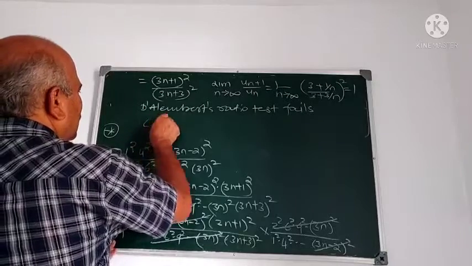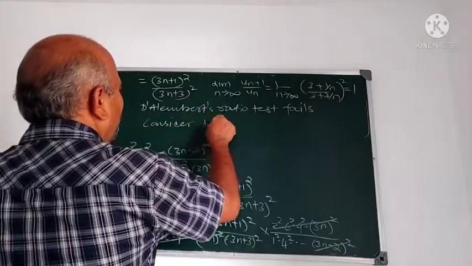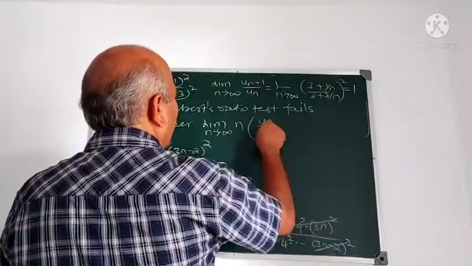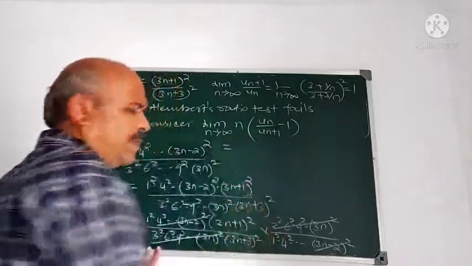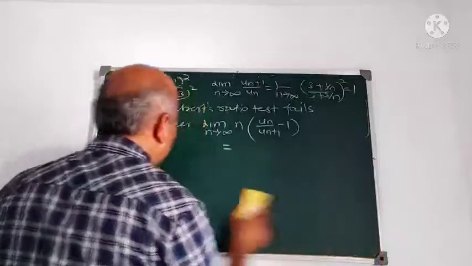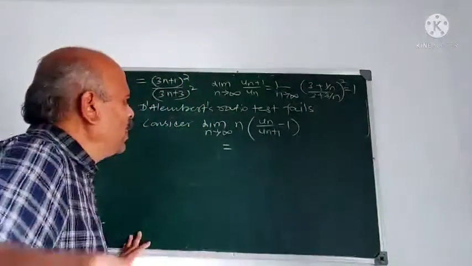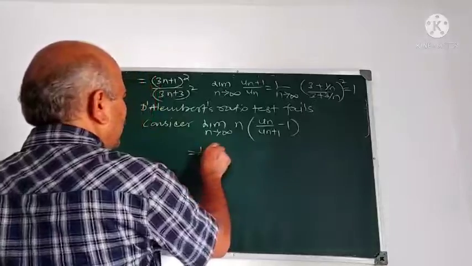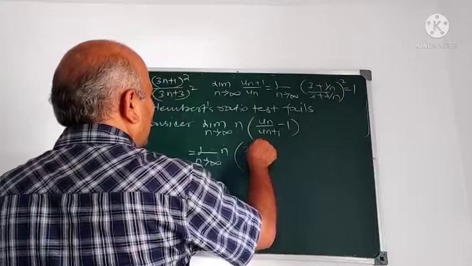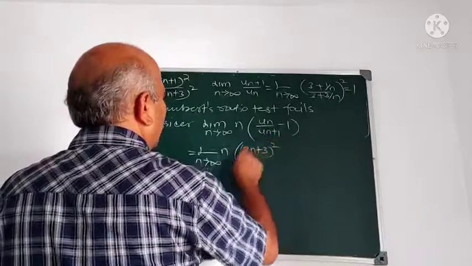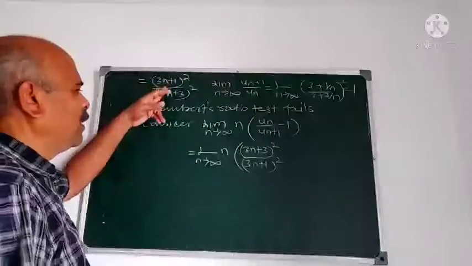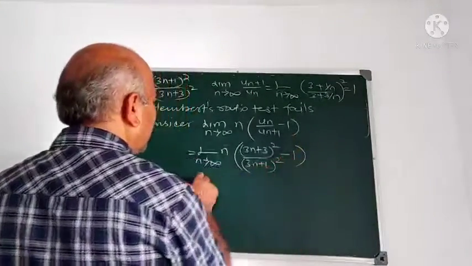For that, consider limit n tends to infinity of n into un upon un plus 1 minus 1. We take un upon un plus 1, the reciprocal: 3n plus 3 whole square upon 3n plus 1 whole square, minus 1.